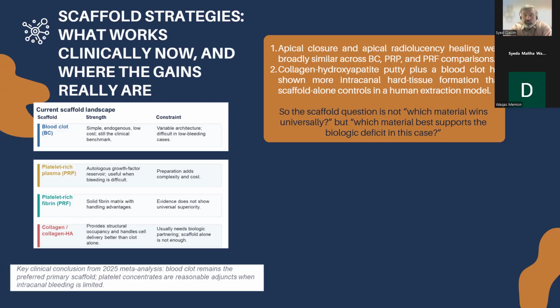As I said, the meta-analysis was one of the pieces of evidence used in the content you're seeing on this slide. The other thing I wanted to point out is that the scaffold question is not which material wins universally, but which material best supports the biological deficits in this case.